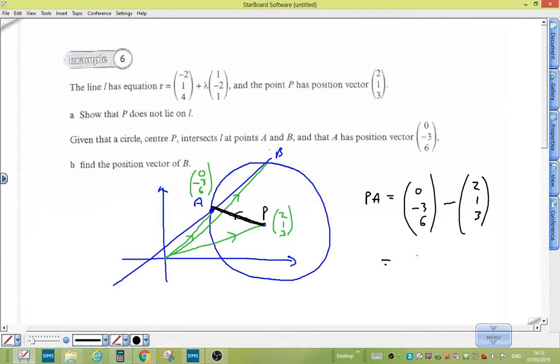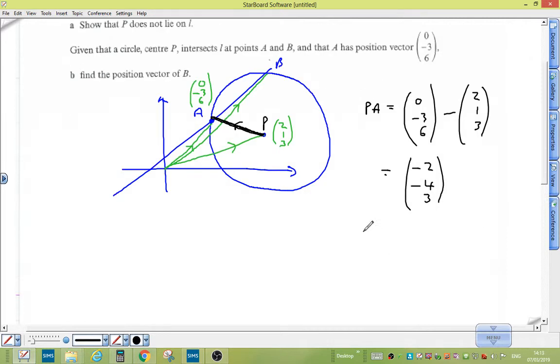So that is now going to give you minus 2, minus 4 and 3. Now we're going to need the size of that. So the mod, the size of that, is equal to the square root of minus 2 squared plus minus 4 squared plus 3 squared, which is 4, 16, 29, root 29.